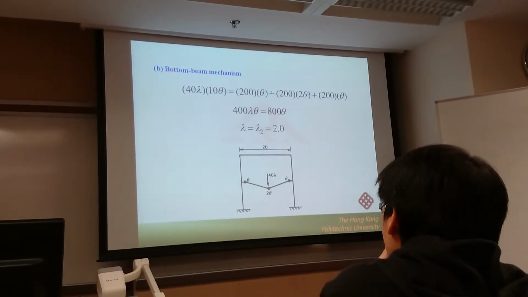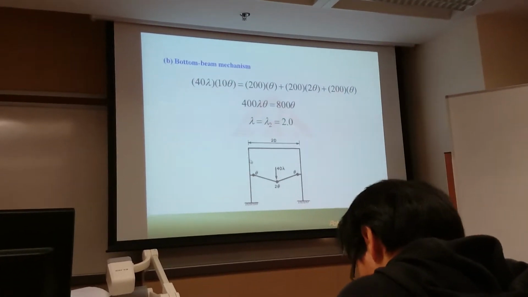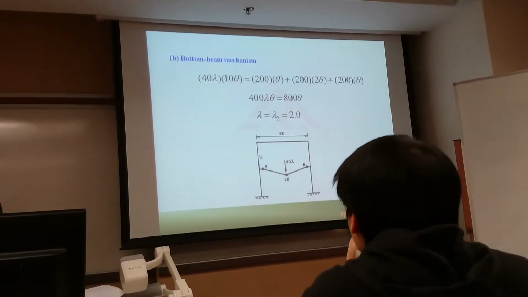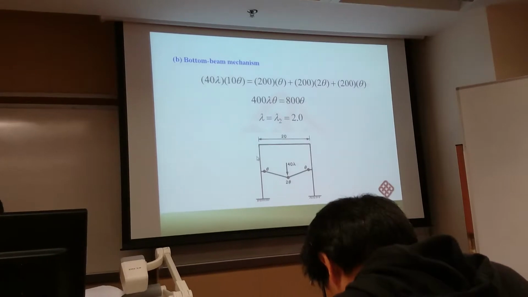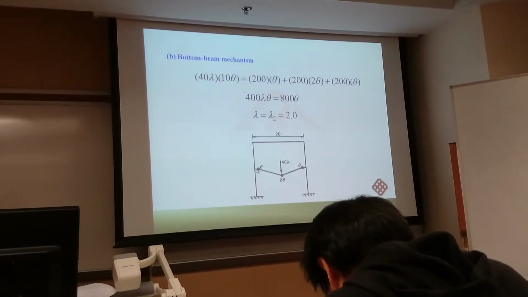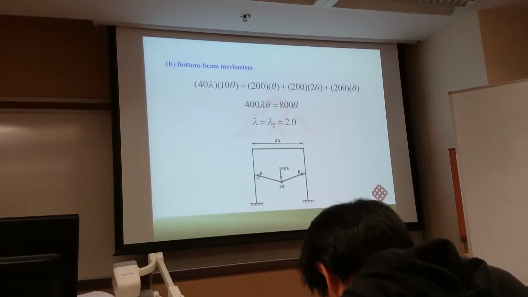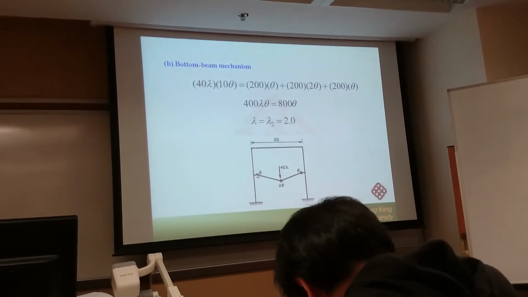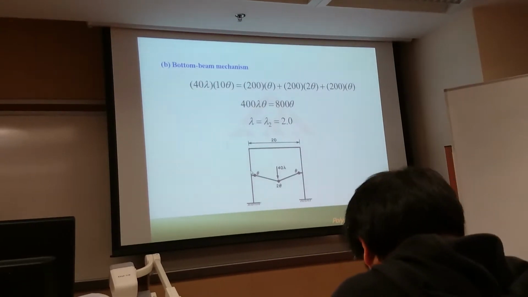But for the bottom beam mechanism, because the 2 columns at the first and the second story keep a rigid connection, the plastic moment is just at the first story beam. So you have to take the plastic moment equal to the plastic moment for the beam, not equal to the lesser value between the beam and the column.